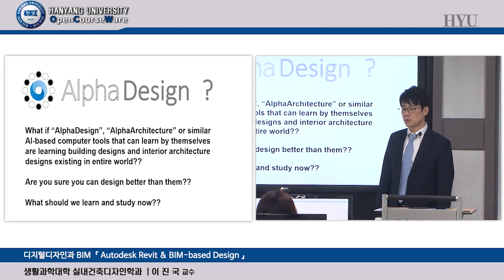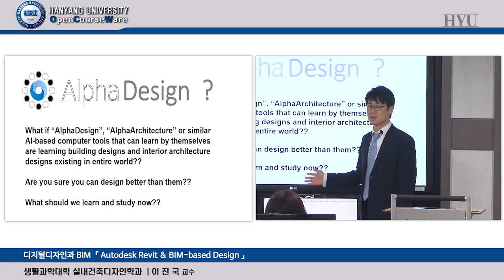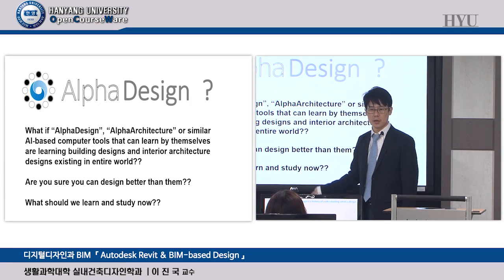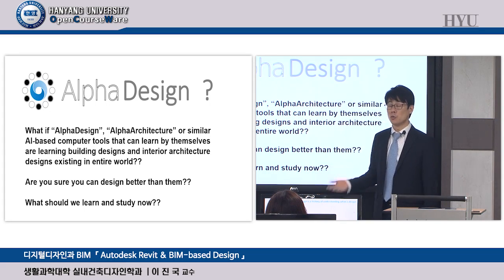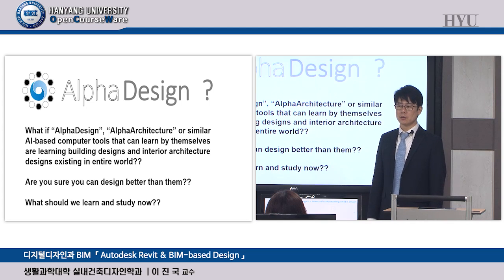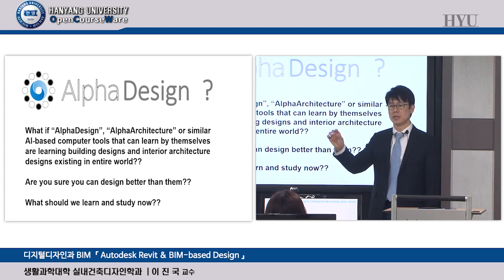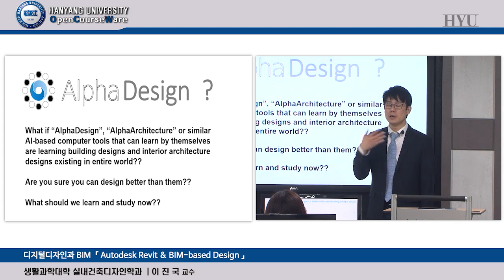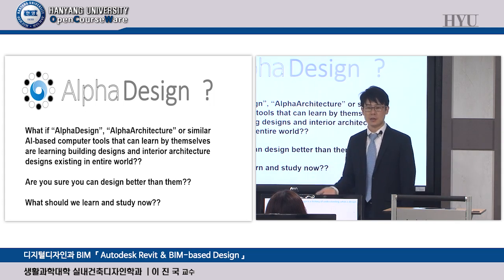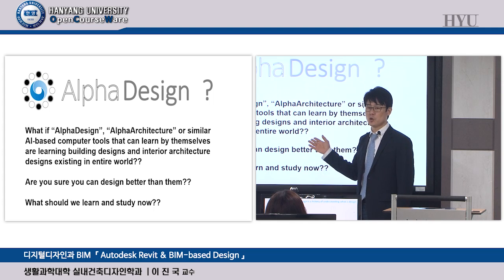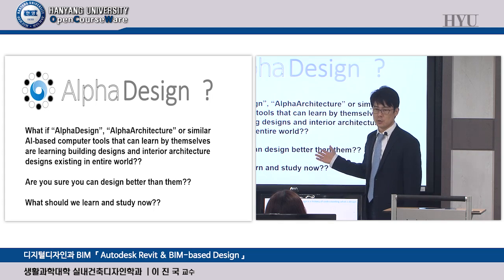Of course, a totally new design, not existing on this planet, can only be designed by humans. But most designs, I mean something a little bit different from existing design, can be easily and well designed by this kind of machine, this kind of software, in the near future. Using what technologies?